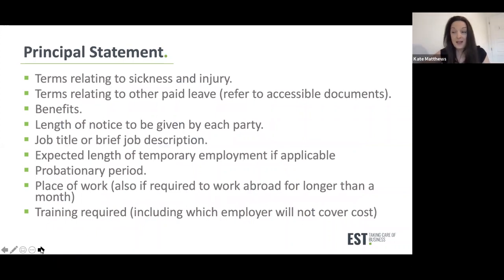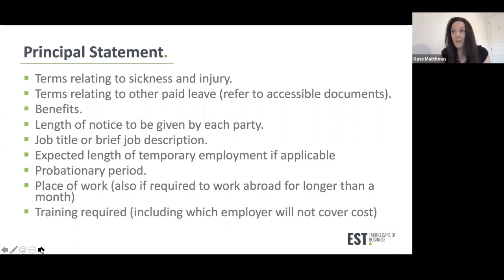You also need to include things like the terms relating to sickness and injury. Are you going to pay them statutory sick pay if they're eligible, or are you going to offer them an enhanced payment to cover them during periods of incapacity? Important that you put in there any terms relating to other paid leave.